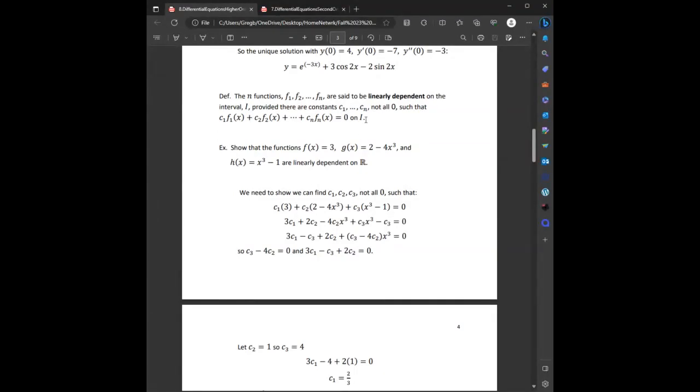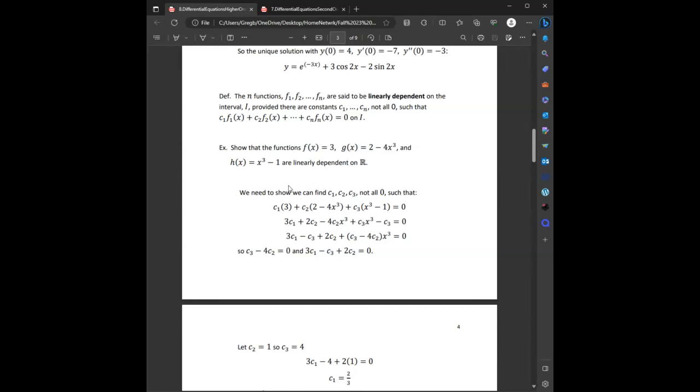And so basically what happens here is you set up the constants in front of the functions, and then you distribute, and then you could pull out whatever's associated with x.